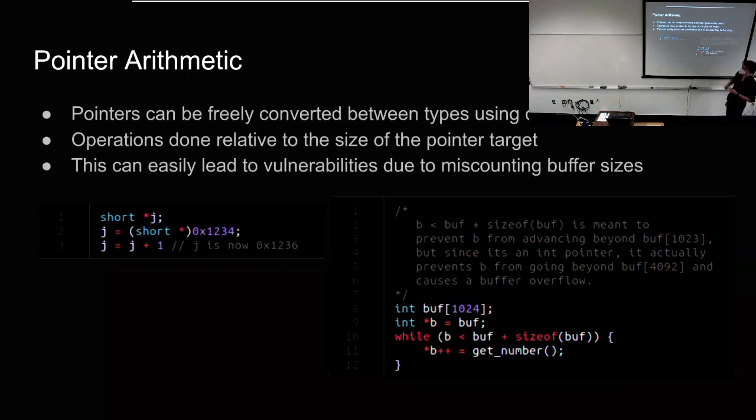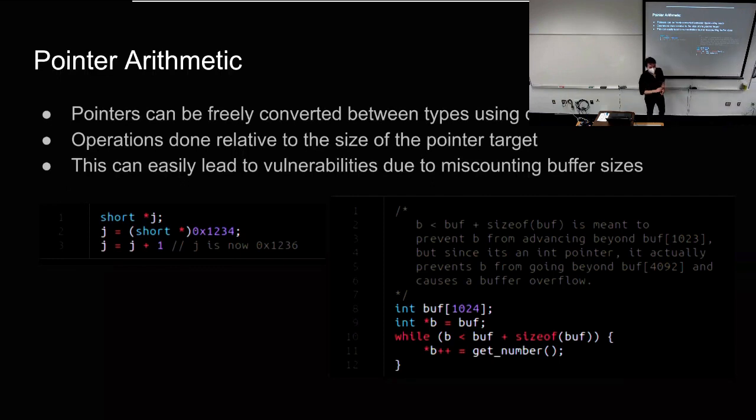So each of these increments adds 4 to it, so this should work in theory. But since this addition always adds 4 bytes to buff, because it's a pointer, this is going to lead to a buffer overflow, because instead it's going to try reading at around 16,000 bytes. Okay, so it's that buff is actually a pointer. Yes, just like pointer arithmetic adding extra bytes depending on the size of the pointer.